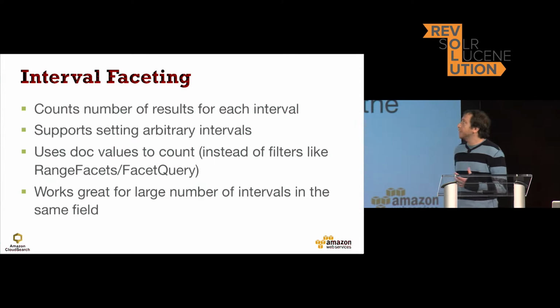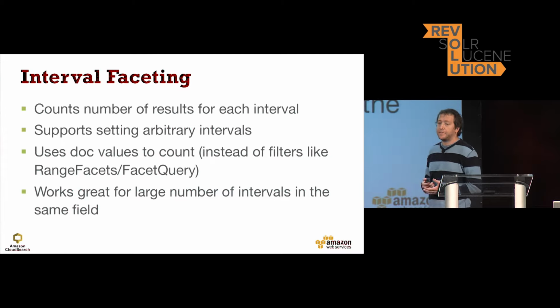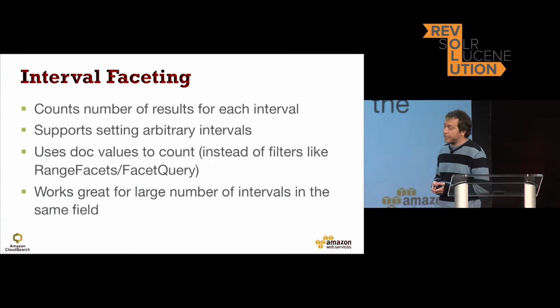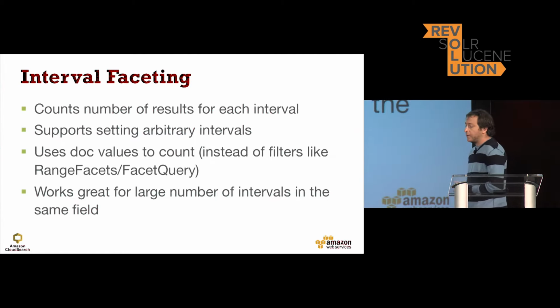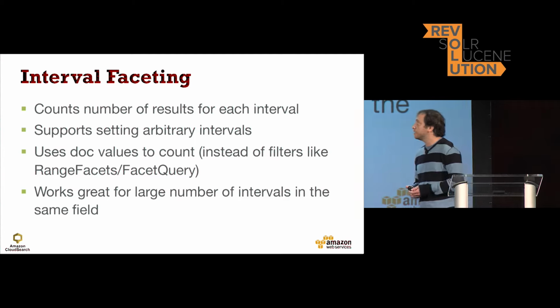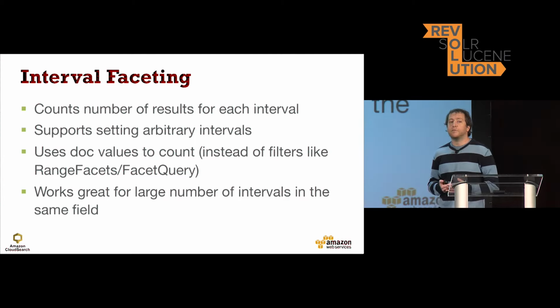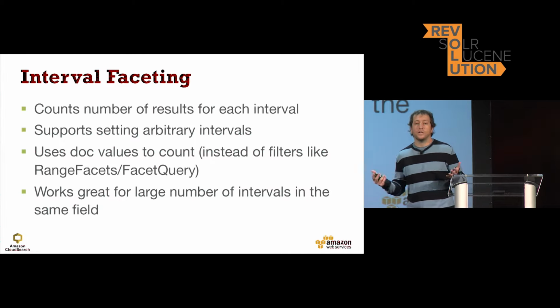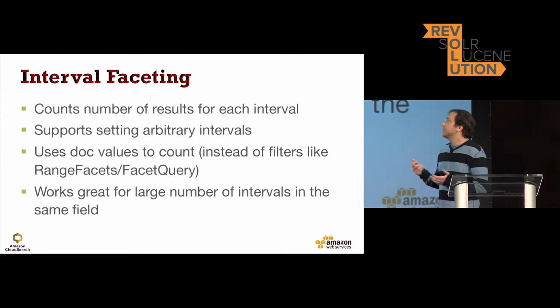We also contributed back interval faceting. Interval faceting is yet another faceting method, another faceting implementation. The functionality of interval faceting can be achieved right now by doing facet queries using range queries. It essentially counts the number of documents.